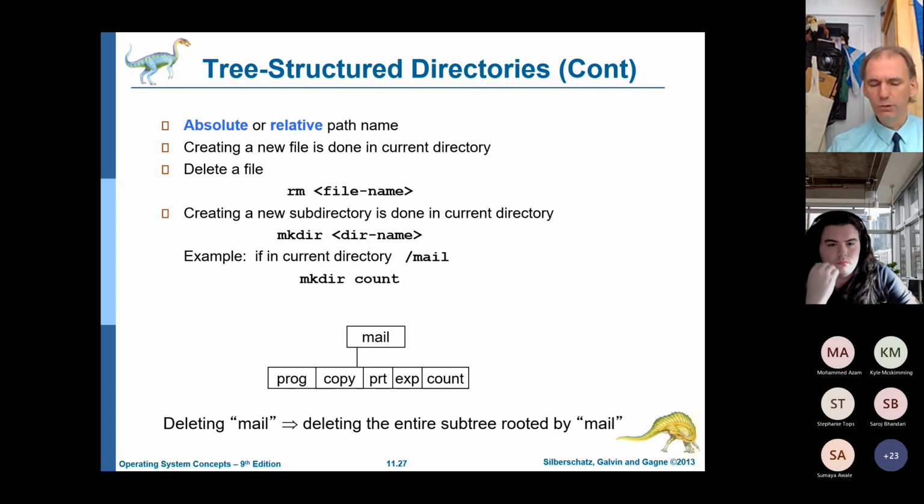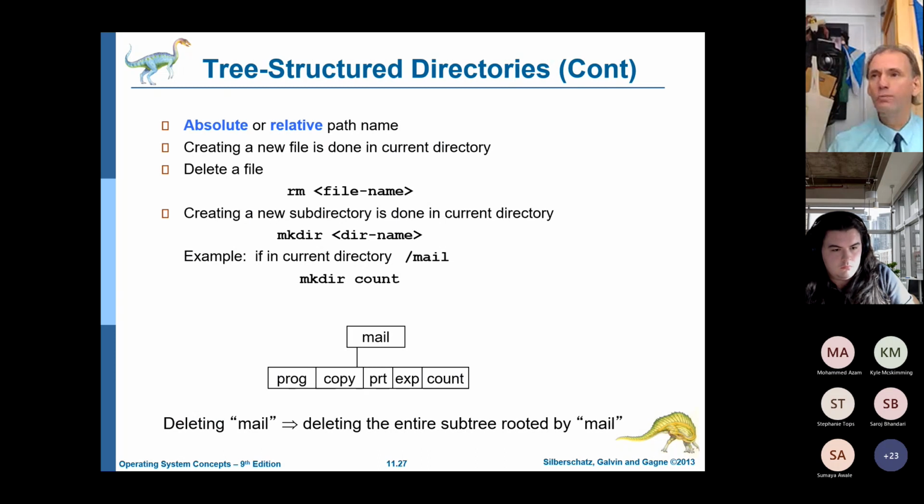And the work that we do is based on our current place in that tree, our current directory. And there you can see some commands that will actually work in your Windows system right now. You can make a directory and give it a name. And yeah, it is Connor.